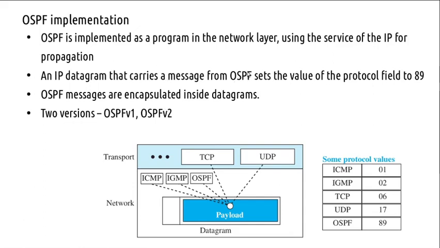This is implemented in the network layer and uses IP datagrams. So OSPF is in the network layer, the IP layer itself, and it will set the protocol field in the IP datagram to the value 89. So these are encapsulated within IP datagrams.